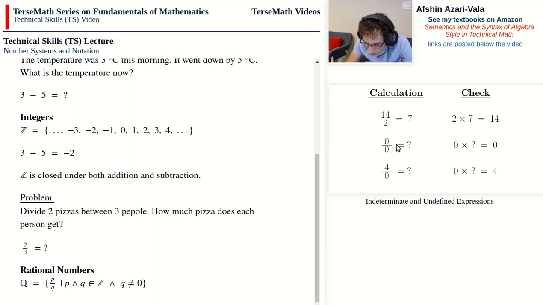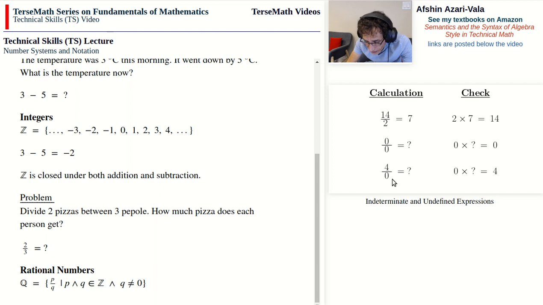So these are the complexities that we run into when we try to divide by 0. If it's 0 divided by 0, it's indeterminate, which means the answer can be any number. If it's some non-zero number divided by 0, then it's undefined, which means that there are no answers to it. Because of these complexities, we exclude division by 0.